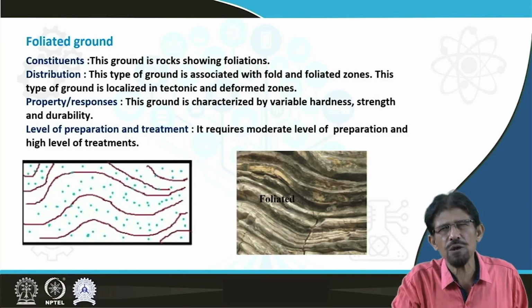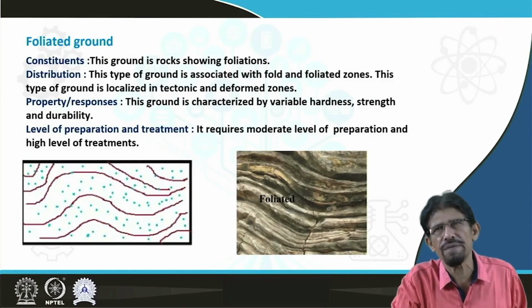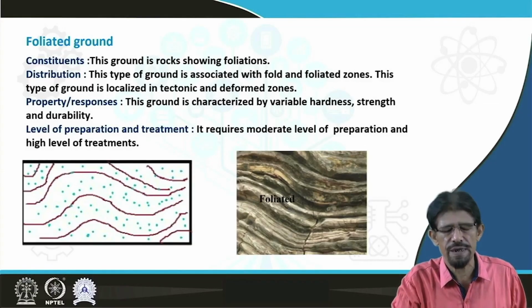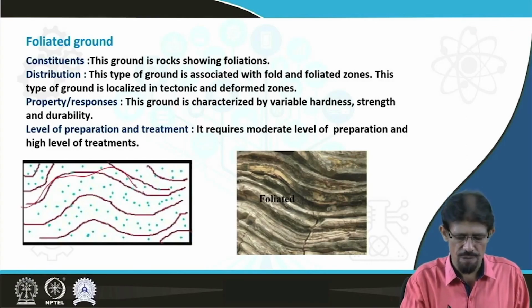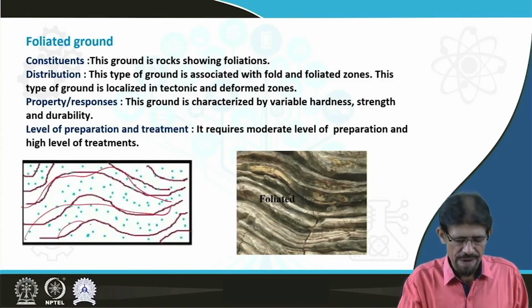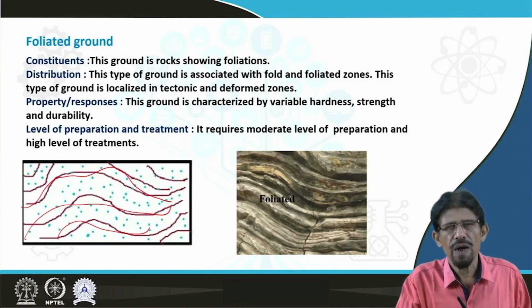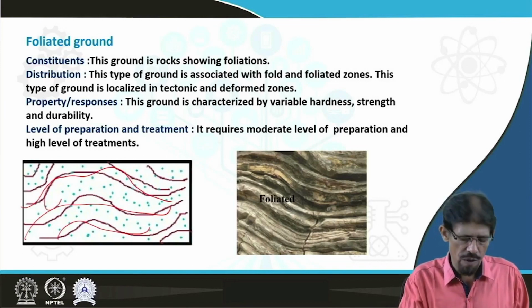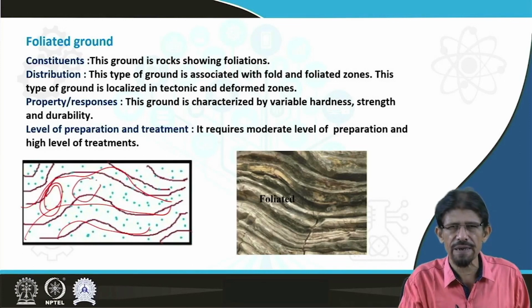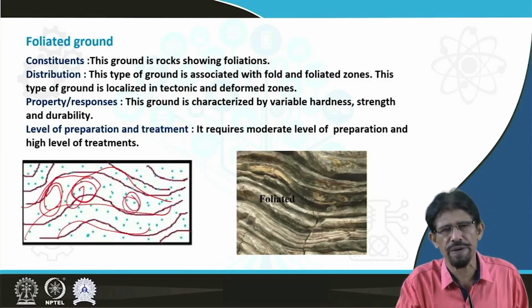Next type is the foliated ground, and generally we encounter it in deformed and tectonic zones where rocks are folded or foliated in nature. You can see the number of foliations and others. The response of this zone is different, the response of this zone is different, the response of this zone is different.